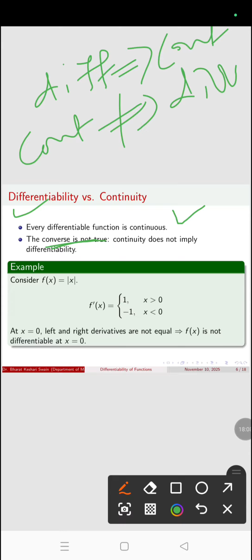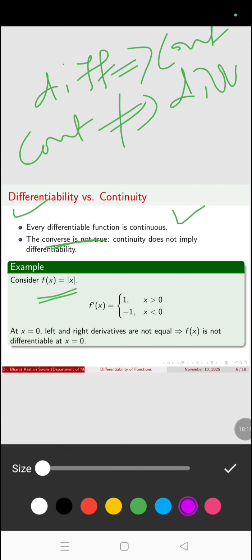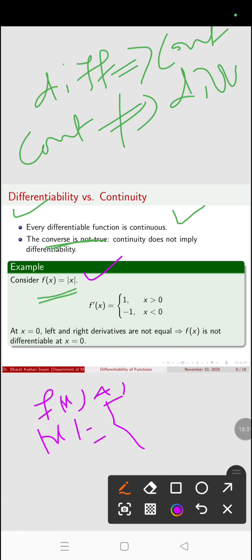Okay, for example, if I consider f(x) equal to mod x, how is it defined? Mod x is defined as x when x is greater than or equal to 0, and minus x when x is less than 0.